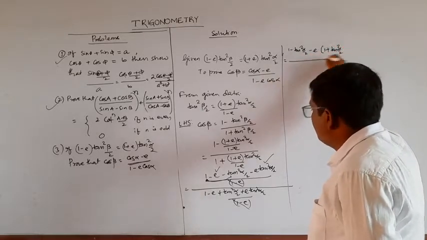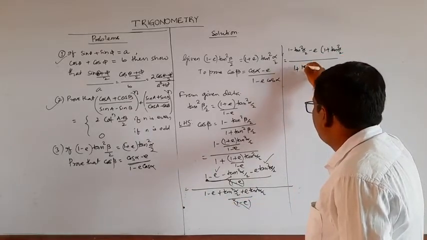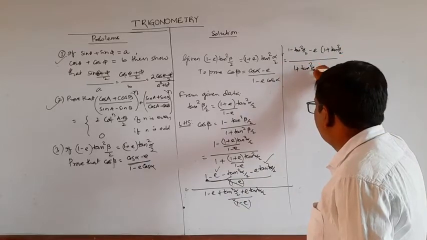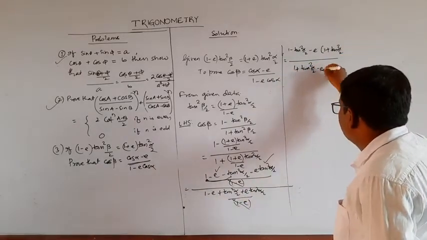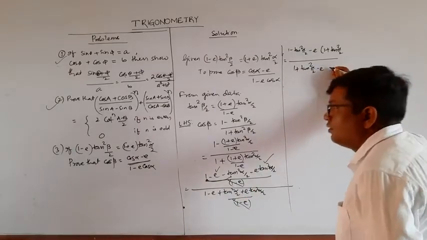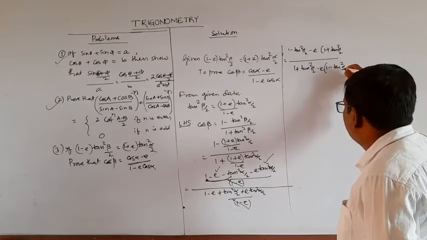Same thing in the denominator: 1 plus tan square alpha by 2, and take minus e common, that is 1 minus tan square alpha by 2.